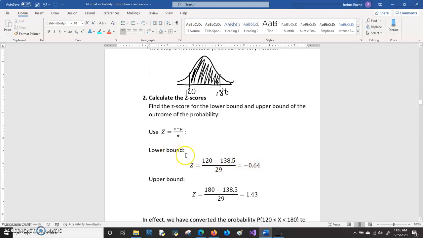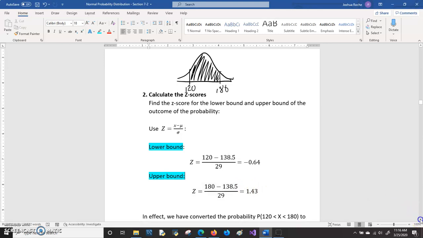Here's the z-score for the lower bound. Plug in 120. That z-score comes out to negative 0.64. Here's the z-score for the upper bound. Plug in 180 and all the other numbers, and that comes out to 1.43.